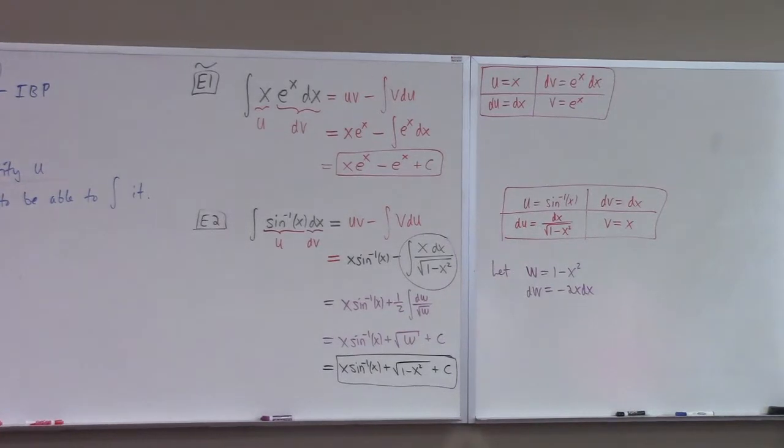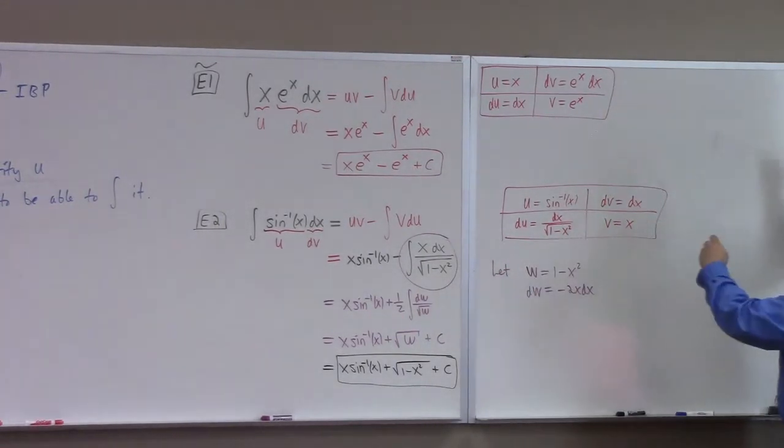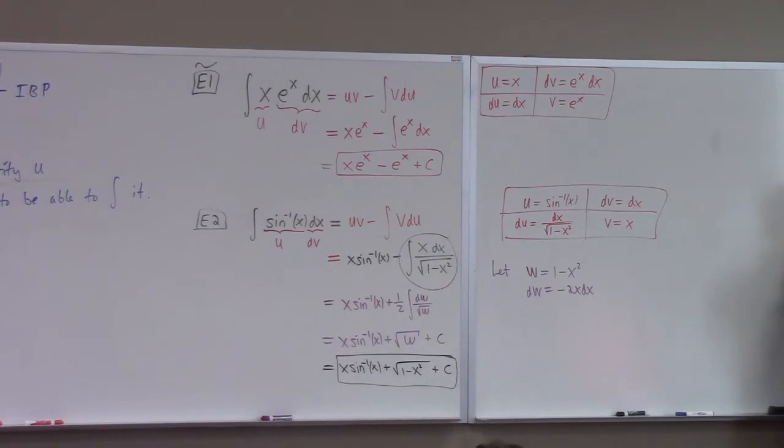So here, to me, this is the same example as example 2. Because I just make the inverse function u, I make the dx dv, so I do uv minus integral of v du. And here, u is ln x, so it's x ln x minus the integral of v du.